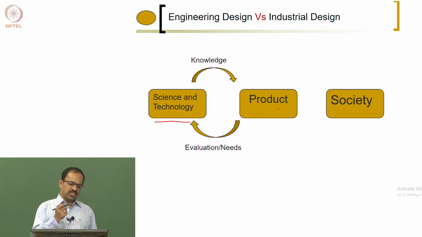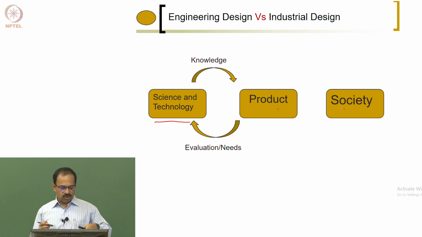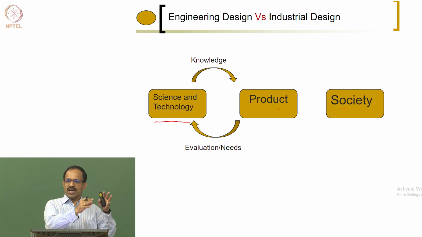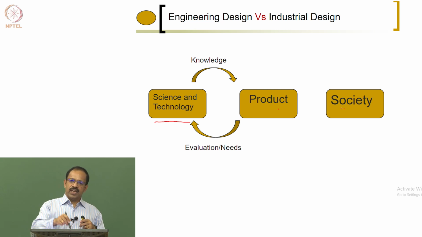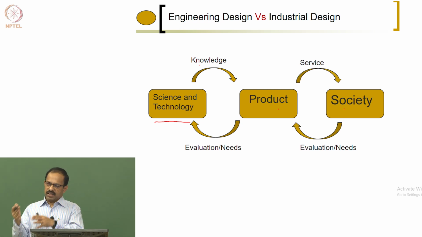So science and technology generates knowledge, and the needs of the product also leads to research, because you want some product to do something, you don't have the technology, so somebody will start working on the technology, research, and then develop technology. So it's in a cycle. So you have the knowledge and the needs, and then the product will do some service to the people. That is, it will meet the requirements of the customer or the society.